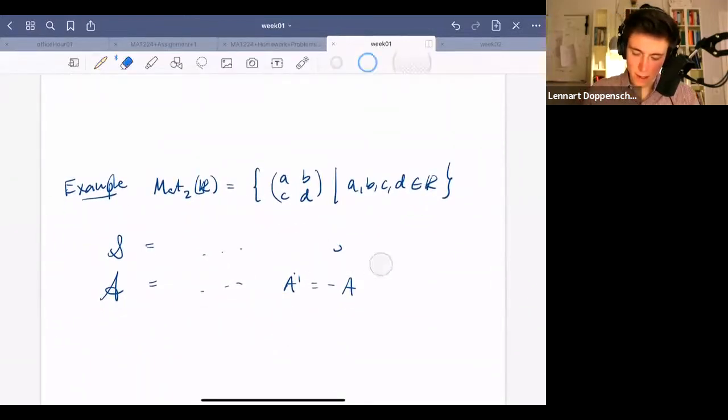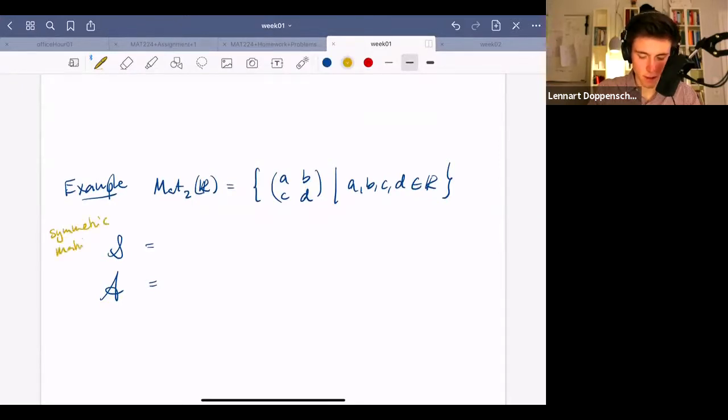Let me define symmetric and antisymmetric matrices. I'm going to call this curly S, the symmetric matrices.